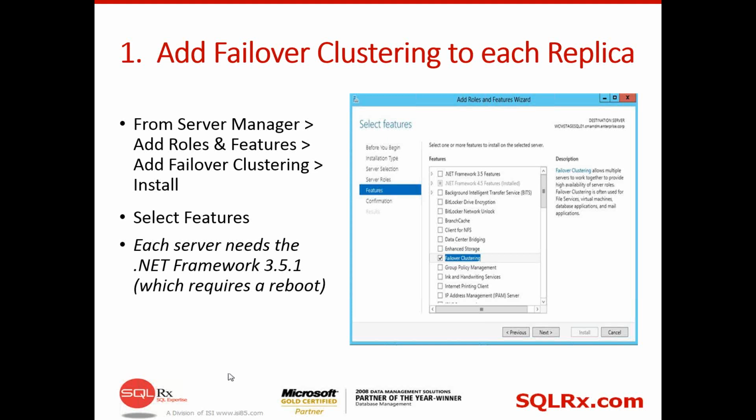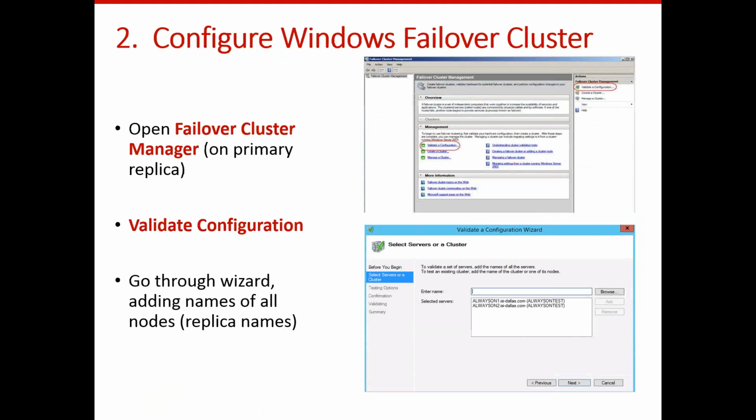Second step, we're going to configure Windows Failover Cluster. So I've gone to my primary replica. From Server Manager, we open Failover Cluster Manager. And then we want to click on Validate Configuration. This will open the wizard. First thing, you want to add the names of your SQL servers that you want to configure as replicas in your AlwaysOn group.